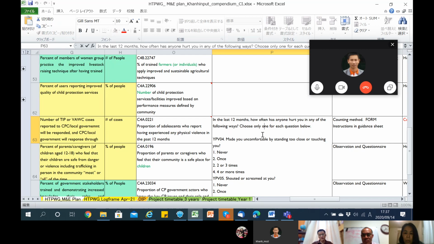In the last 12 months, how often has anyone hurt you in any of the following ways? Choose only one for each question below. So we have to revise a little bit because this is the question asking adolescents. Yes, we just change it for women or for girls, because we have two separate questions there. Okay. Yep.